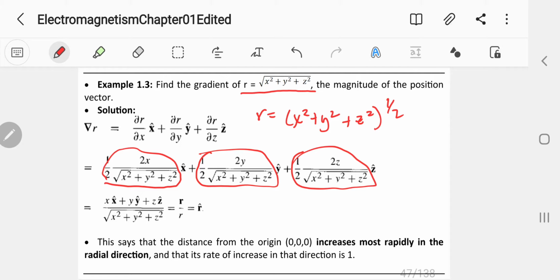And of course, if you combine, you have common denominators here. You can cancel the 2.